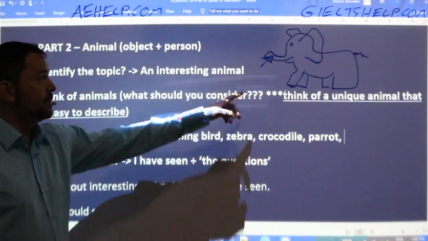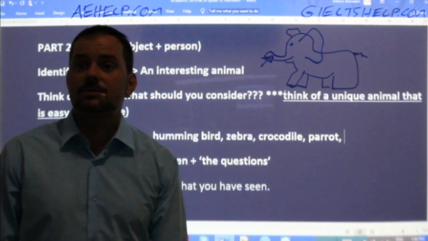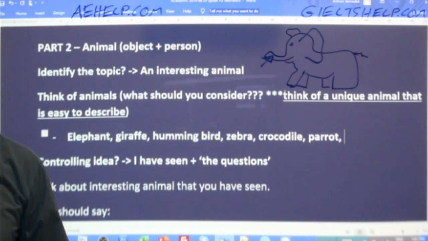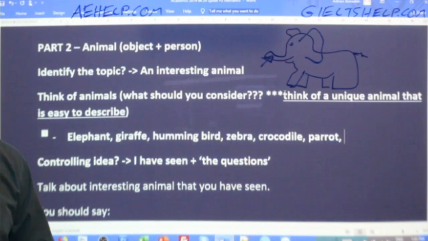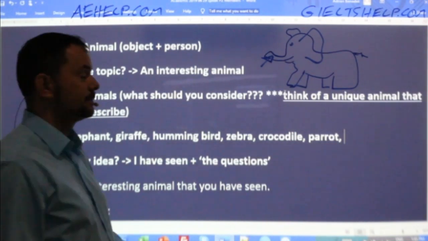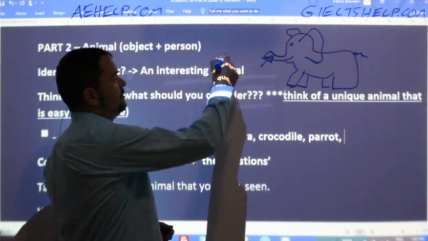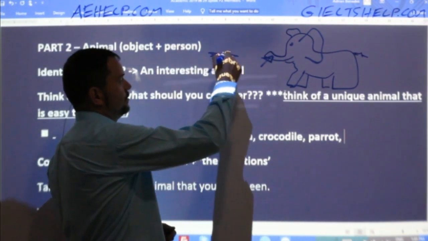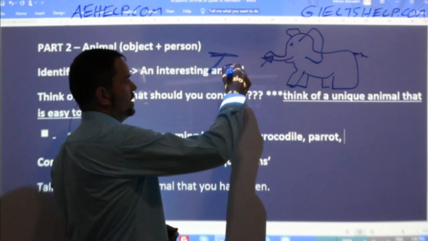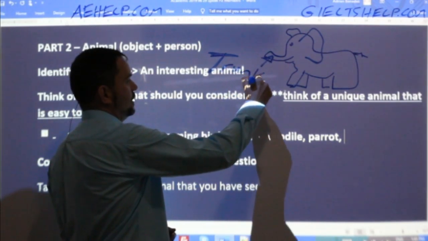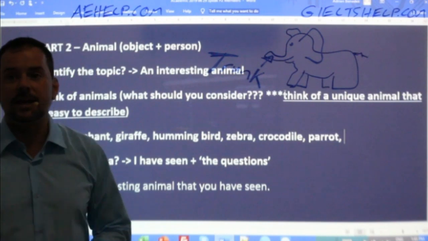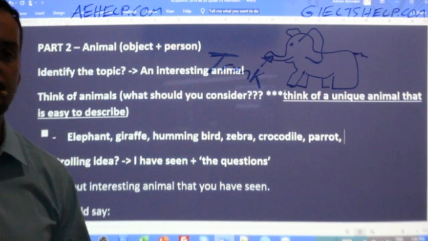So this part of the elephant is what? This part of the elephant is the trunk. Okay, it's called a trunk. It's got a special name. Trunk. Okay, trunk. That's right, Preeti.